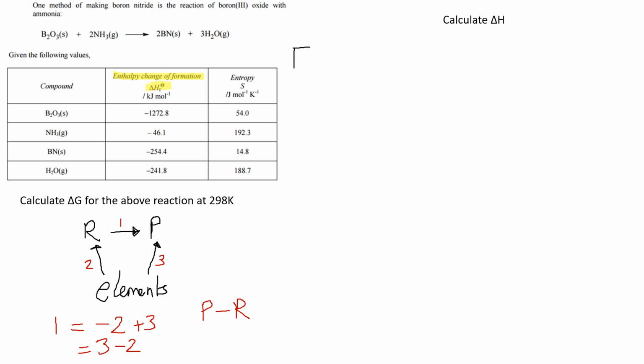So for the products, you've got 2 lots of boron nitride, so that's 2 times minus 254.4. I use brackets here to help me out. Plus 3 lots of water, so that's 3 lots of minus 241.8, and those are your products.